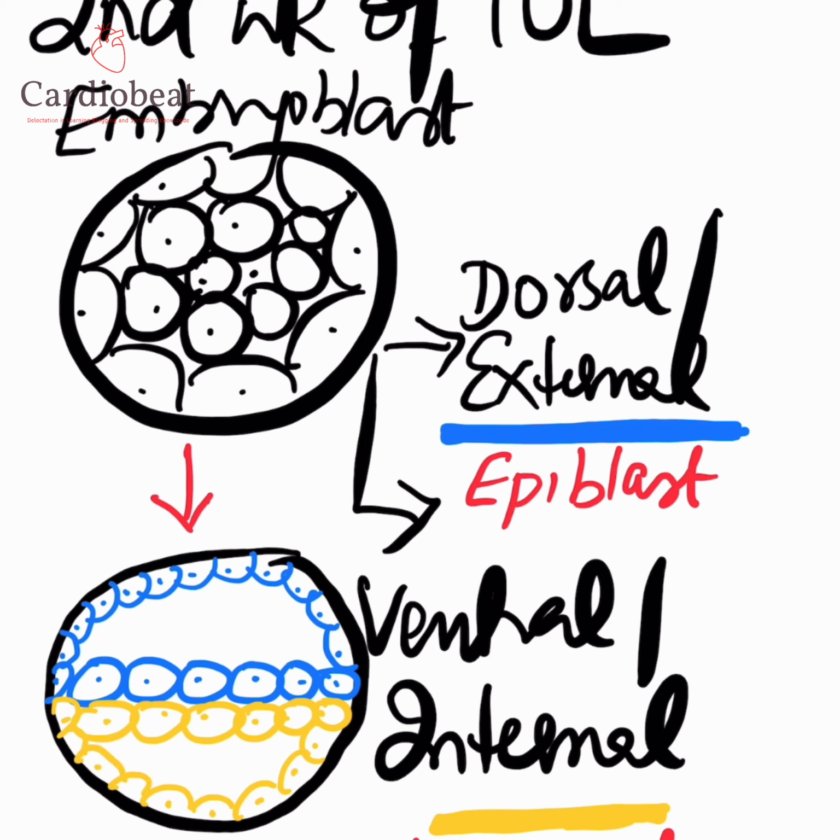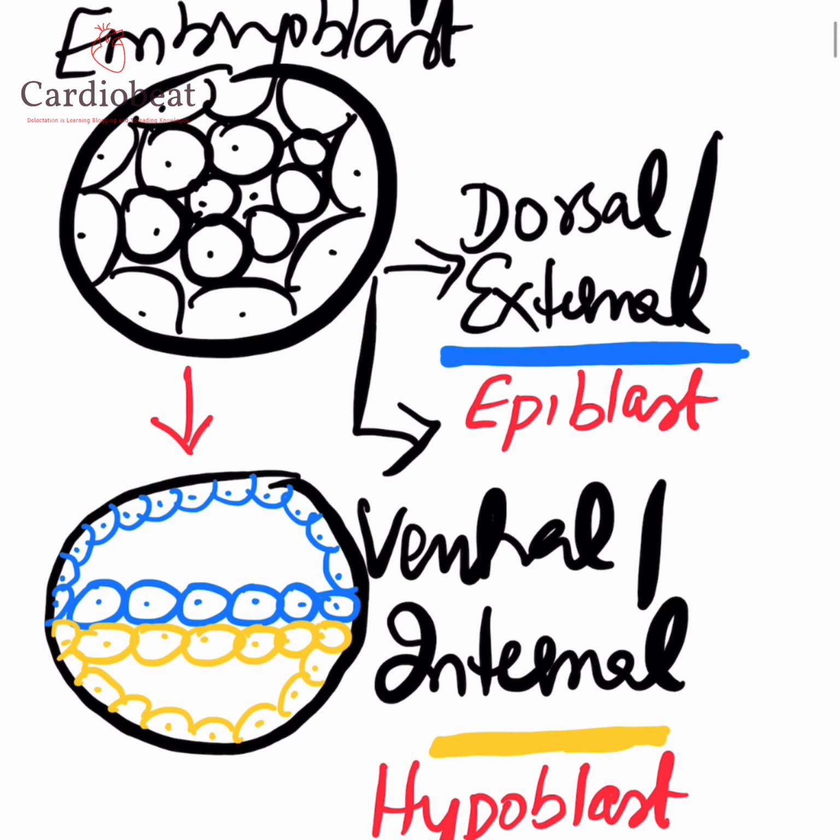Thereby this embryoblast, now segregated into dorsal epiblast and ventral hypoblast, contains two cavities. The cavity inside the epiblast is called the amniotic cavity, and that which is lined by the hypoblast is called the primitive yolk sac.